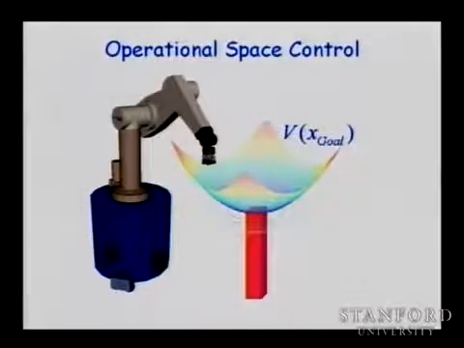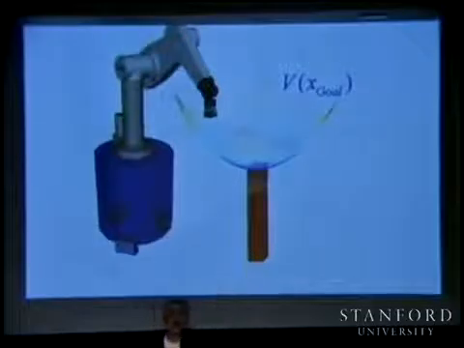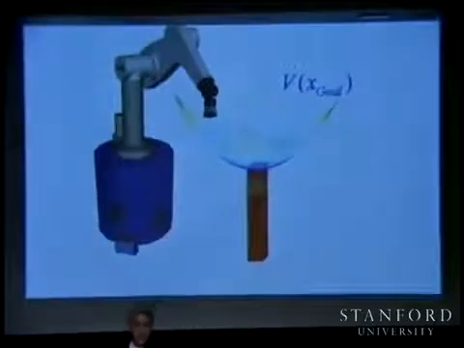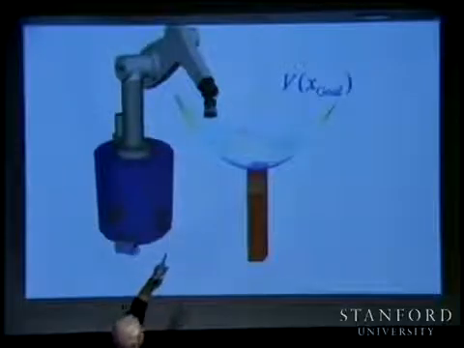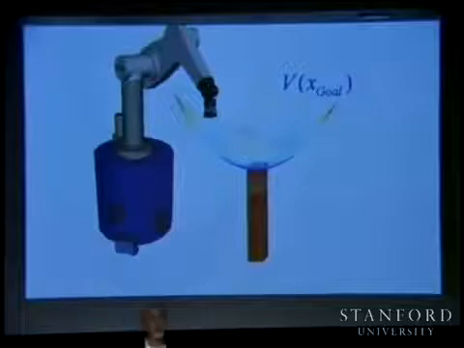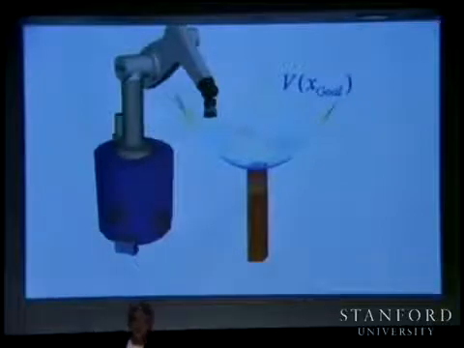Right? So if you virtually apply a force at the end effector that is the gradient of this force, which has its minimum at the goal position, essentially this end effector is going to fall in this potential energy and it will move towards the bottom, right?